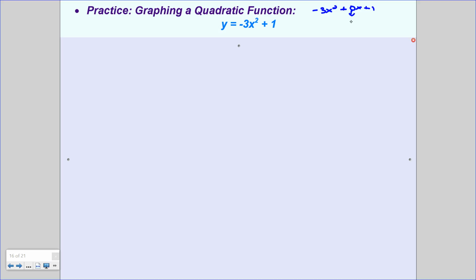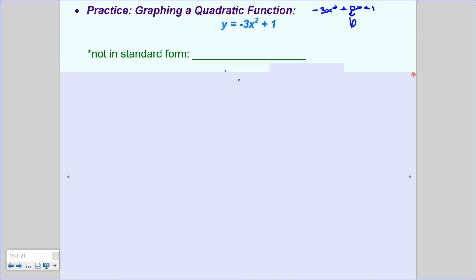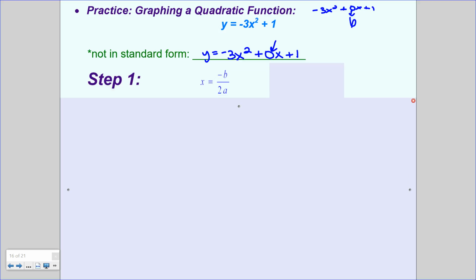So b in this case is 0. You might say this is not in standard form and just stretch it out as I just showed with a 0x there, just so you have a number in the place of b that you can use.